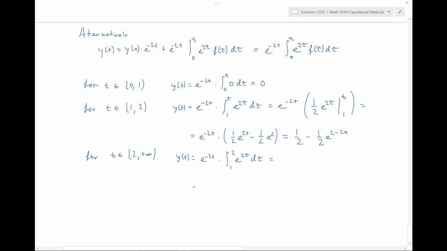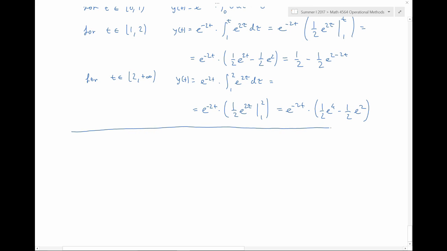And that is e to the minus 2t times 1/2 e to the 2 tau evaluated from 1 to 2. So that is e to the minus 2t times 1/2 of e to the 4 minus 1/2 of e to the 2. And again, it's exactly the same as the solution we obtained before. And I wouldn't say that this process is any easier than the process that we had to go through before.